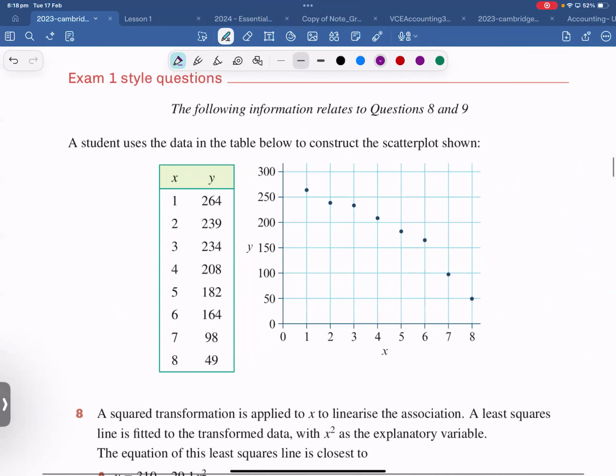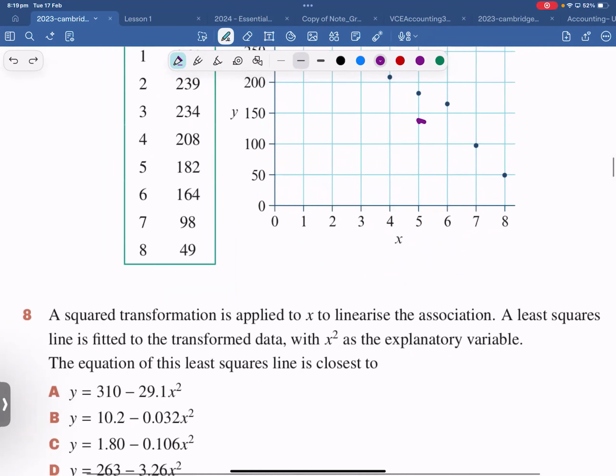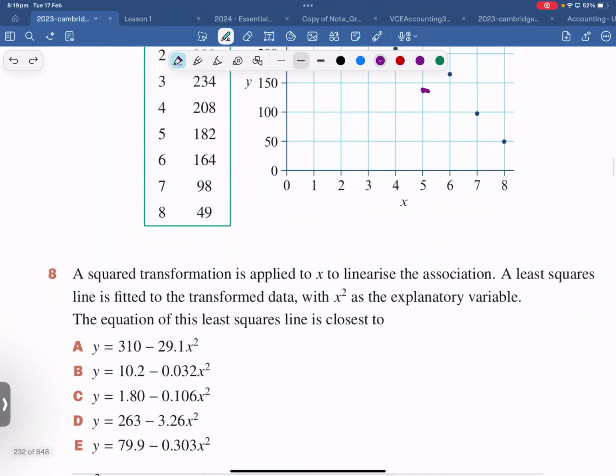So basically you have been given X and Y, and also the plot has been given, right? And we can see clearly this is non-linear. So if it is non-linear, which transformation are we going to use? They have asked us to apply a transformation to X to linearize.